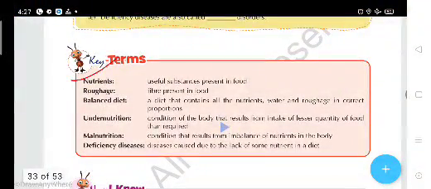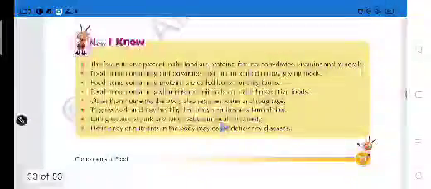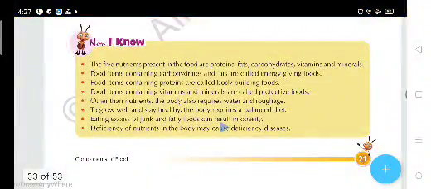Next, terms. Students, you must learn these terms: nutrition, roughage, balanced diet, undernutrition, malnutrition, and deficiency disease. After studying this chapter, now you know these terms.